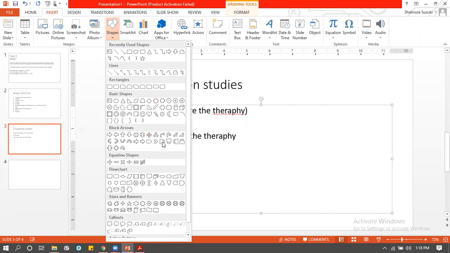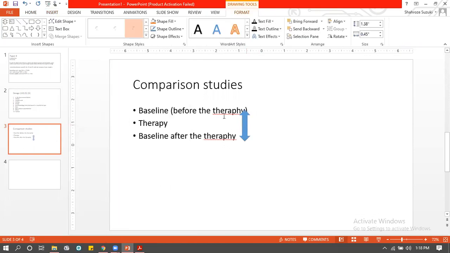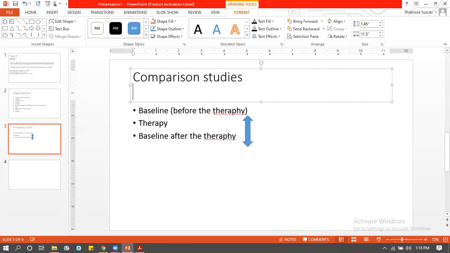So a comparison, but between this one and this one. It is going to be a repeated measures design. When you want to compare the before and after of the same person, that's why it's a repeated measures design.